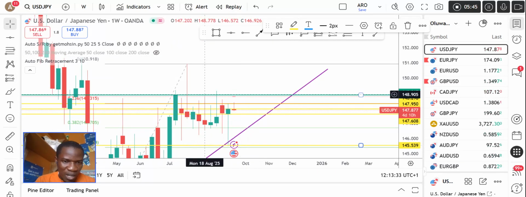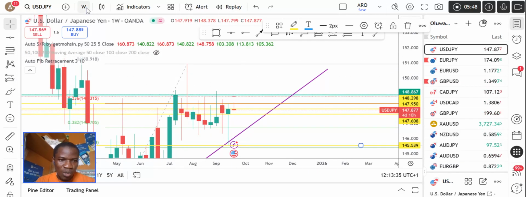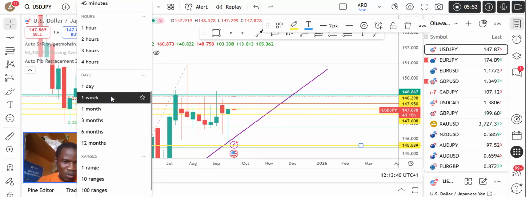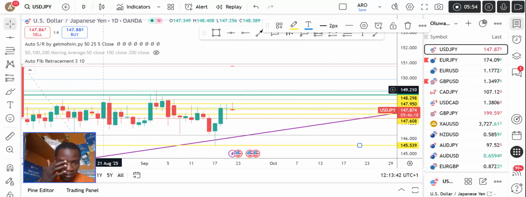Let me identify that particular area very well. We'll go to a lower time frame, because we want to know what we want to do for this week. So we'll go to daily.